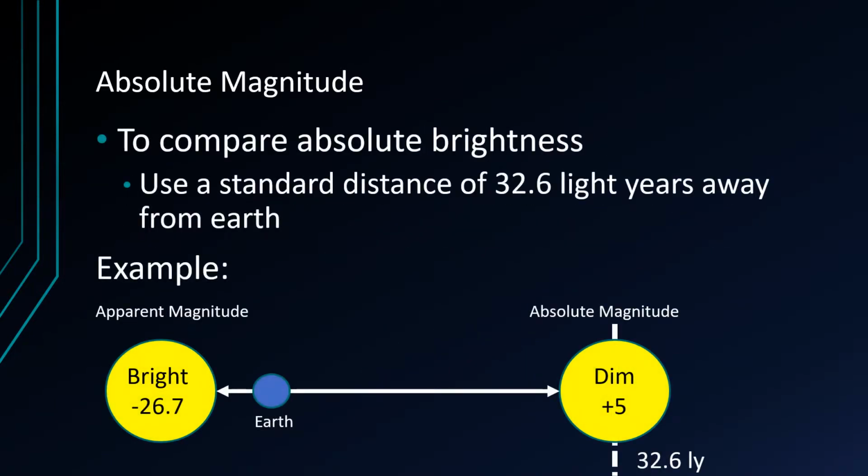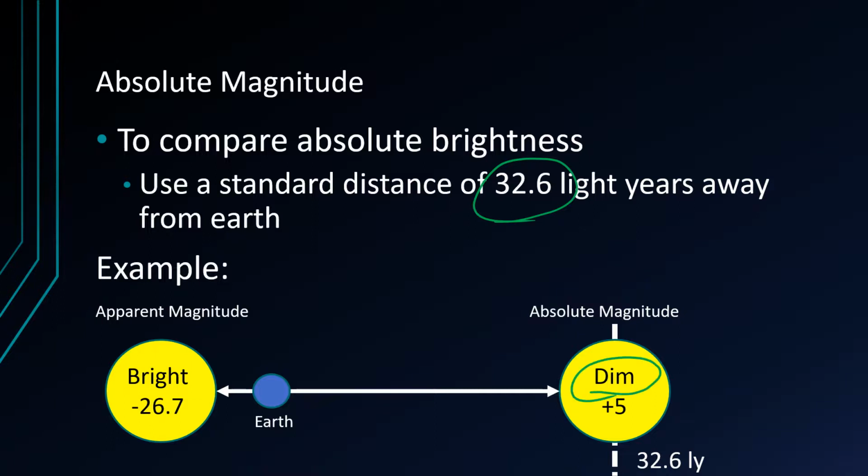So to compare absolute brightness, we use a standard distance of 32.6 light years away from Earth. So let's say we have the sun right here. Our apparent magnitude is negative 26.7. But if we were to view the sun from 32.6 light years away, the magnitude would be a plus 5, so a rather dim star.